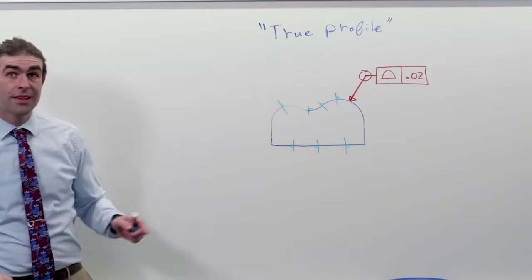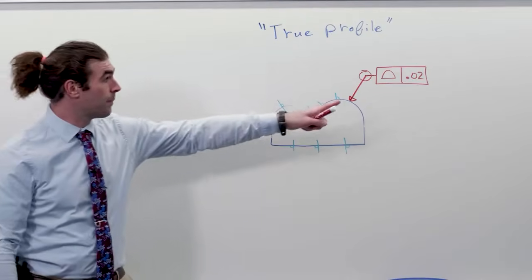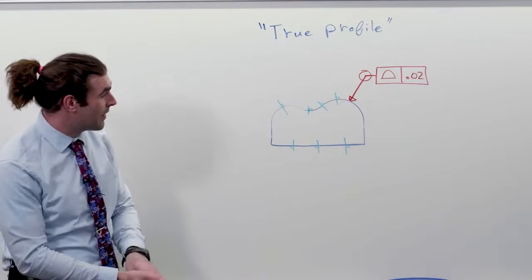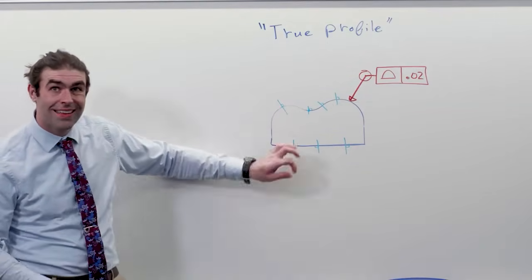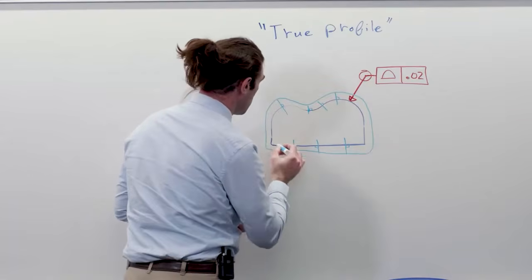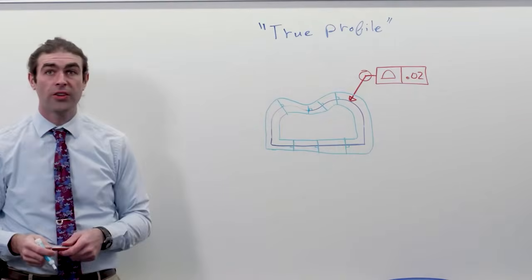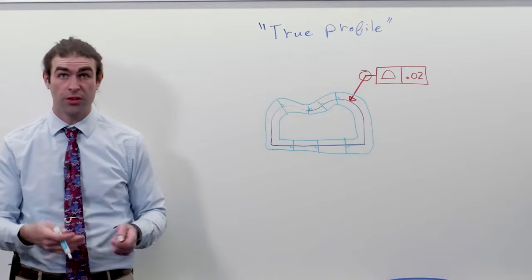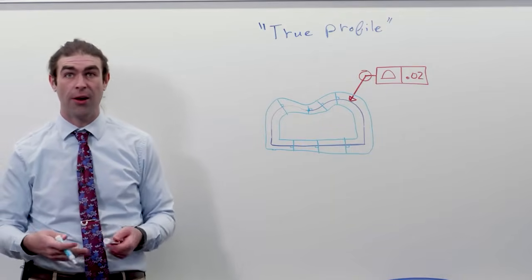The length of each of these lines is 20 thousandths. 10 thousandths of the line is on the inside, 10 thousandths on the outside. And then we can just draw our tolerance zone around the true profile, or part outline.